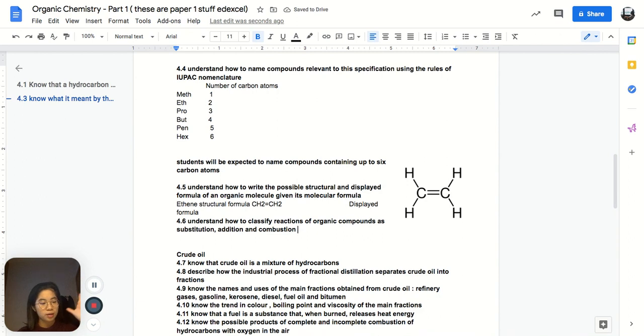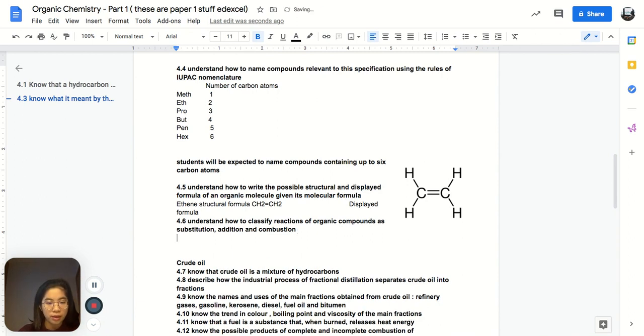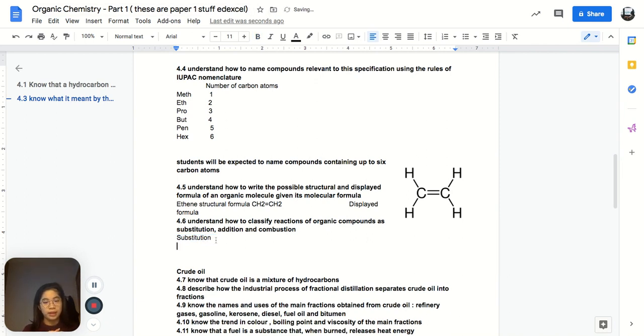So let's talk about substitution first. These are things that you just gotta remember, and of course you gotta understand it first, but okay, let me tell you guys what substitution means. Substitution is a reaction where one atom is swapped with another atom.